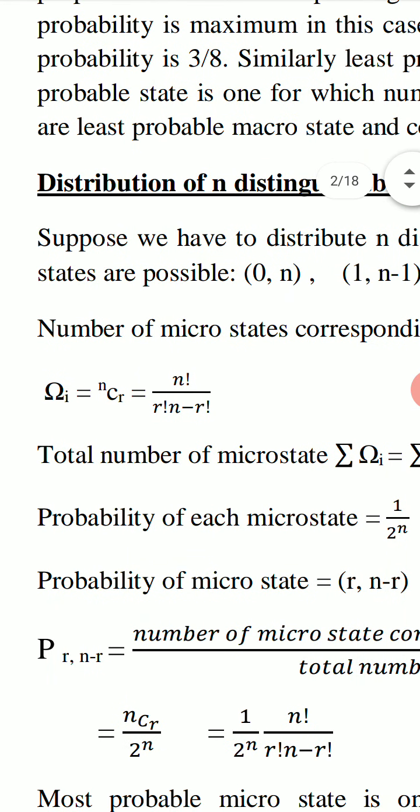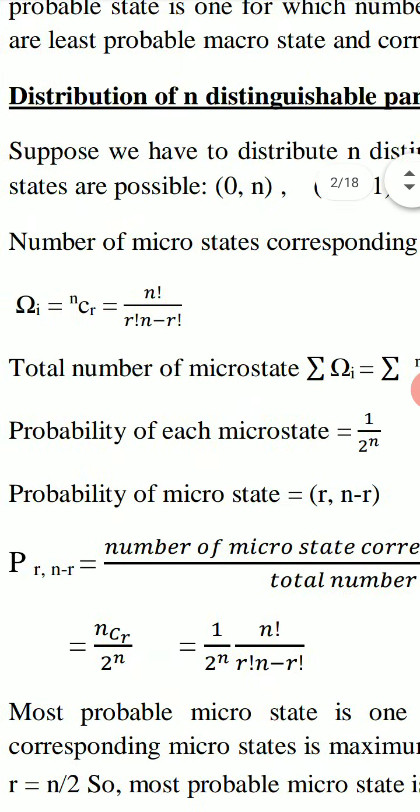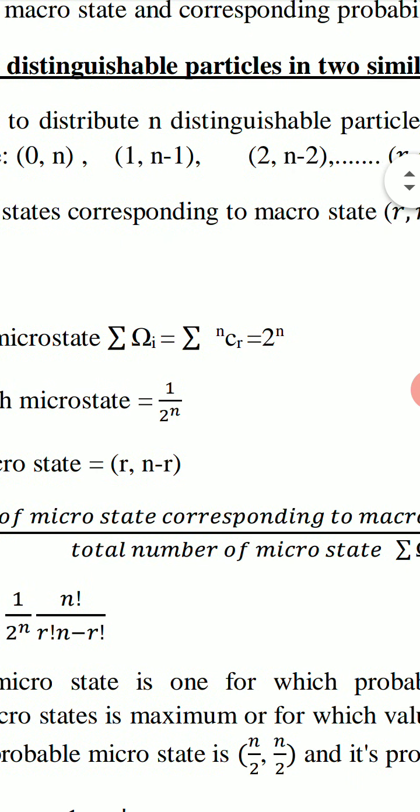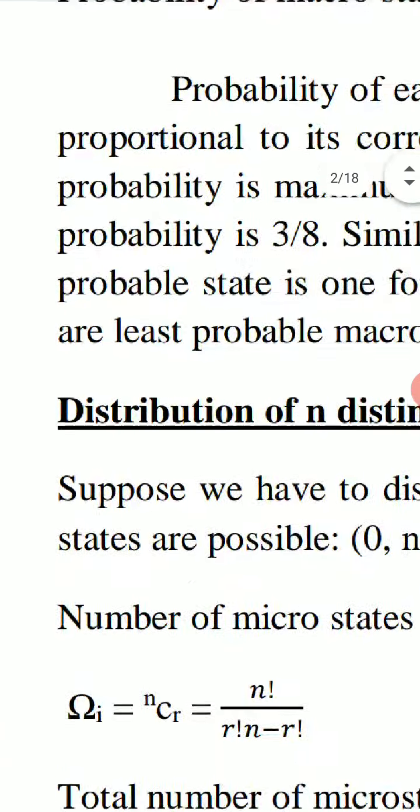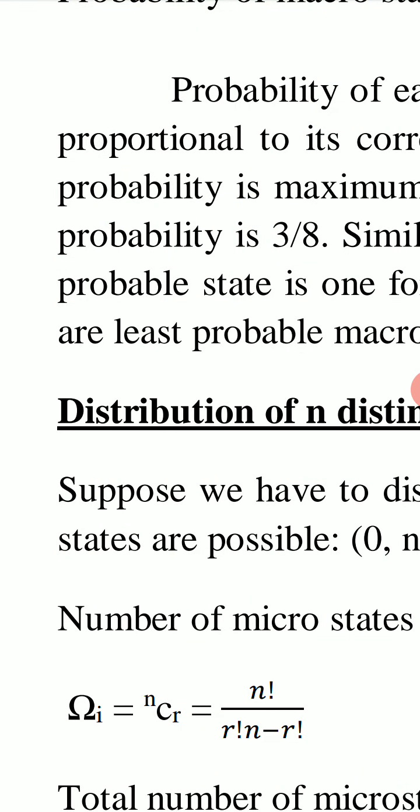Now we distribute n distinguishable particles in 2 similar boxes. Till now we have distributed 3 particles A, B, C in 2 similar boxes.